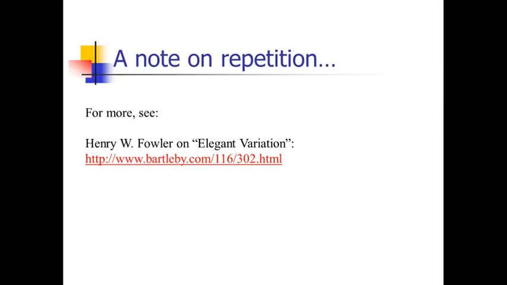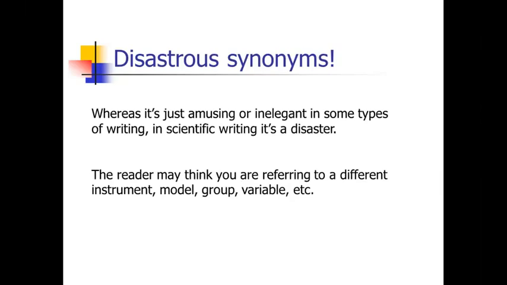If you want to read his whole article on elegant variation, the link is there for those of you who are curious. And I just want to emphasize again that I'm giving you some examples that are a little amusing or inelegant in magazine articles. But with "elongated yellow fruit," everybody's going to understand your meaning. It's even more disastrous, not just needless, sometimes disastrous in scientific writing to substitute a keyword with a synonym.